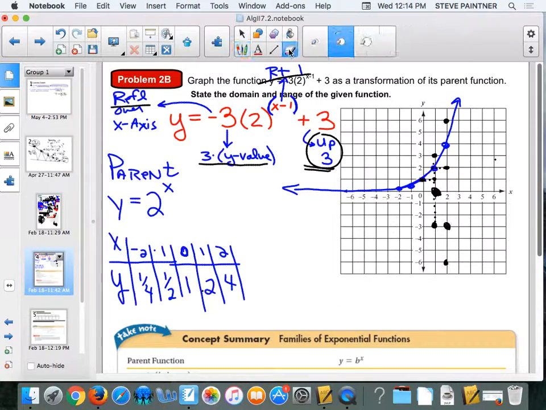Hang on, let me get rid of a few of these. These are not here. Okay, all right, now continue. Go to this point right here. Move it right 1. Did it. Here's where I'm at. Triple that height, guys. If you triple 4, you get what? 12. Okay, so now you're way up here at 12.